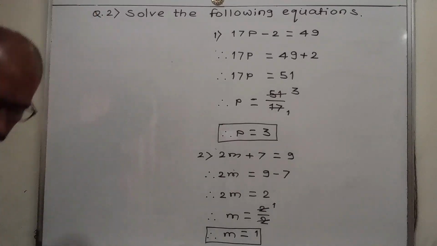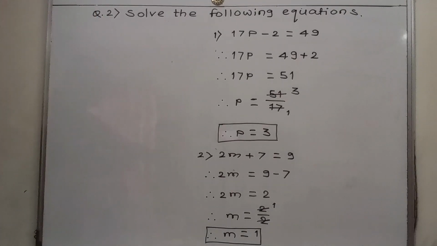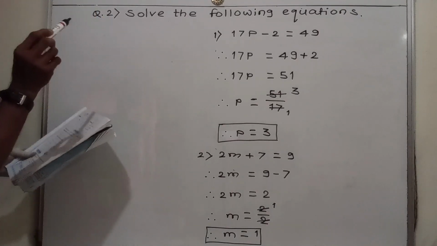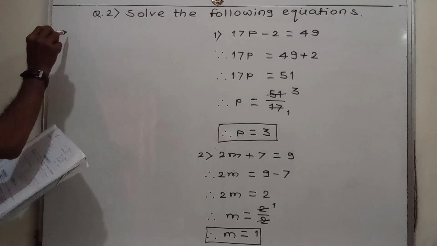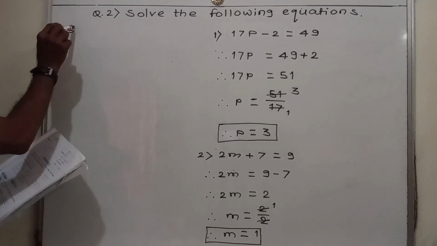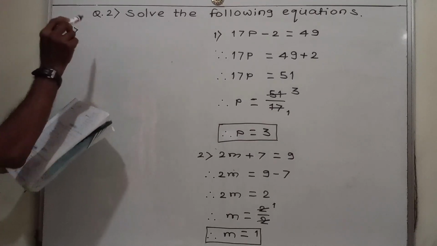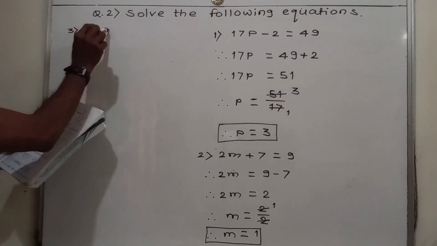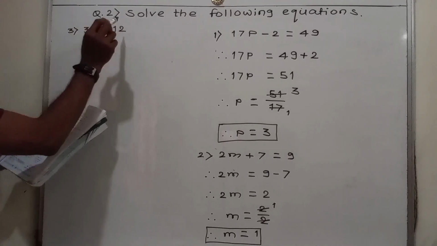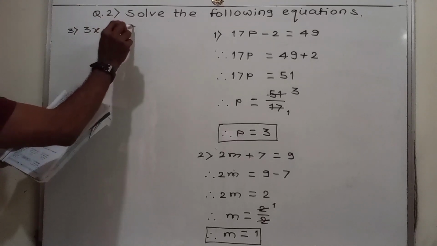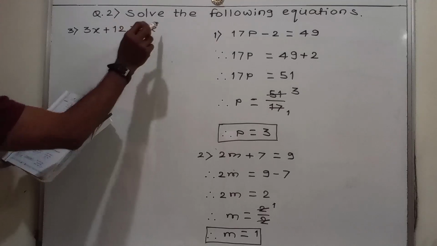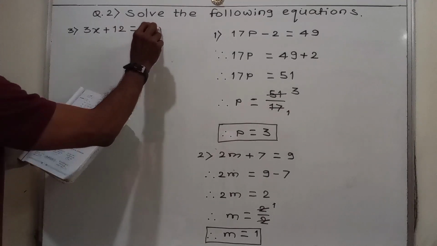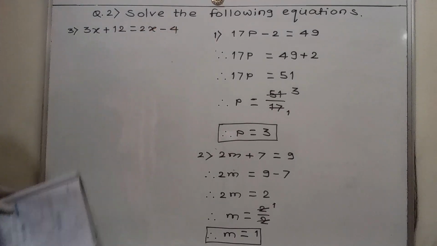Very simple. Next, example number 3. 3x plus 12 is equal to 2x minus 4.